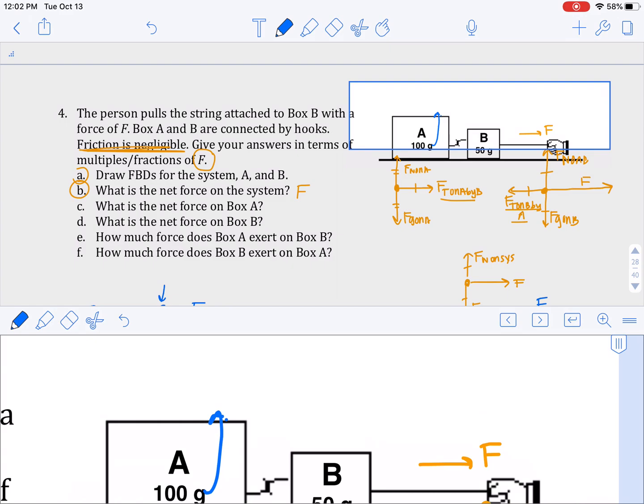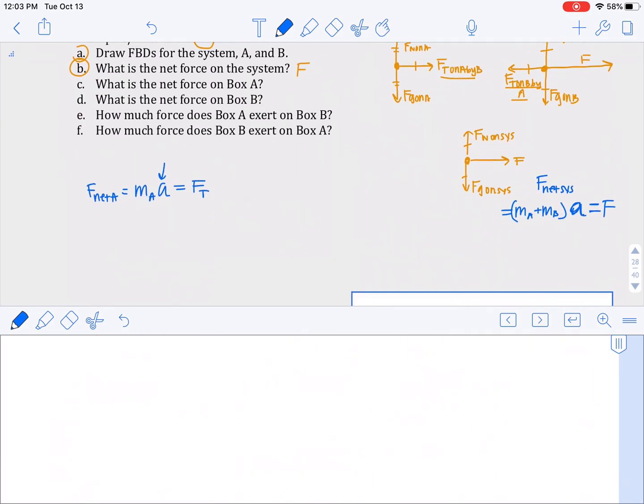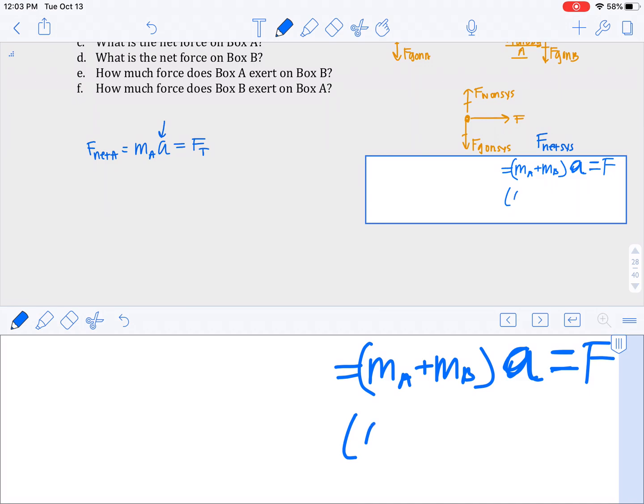So move the decimal place over 3 times. So 0.1 and 0.05 kilograms. So the two masses together are 0.1 and 0.05.